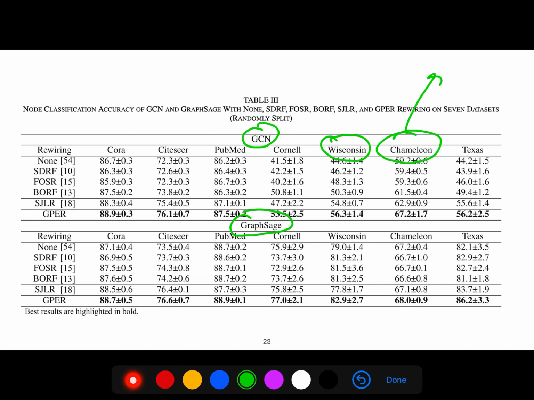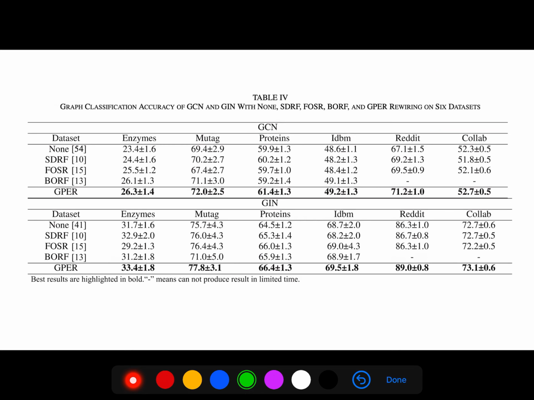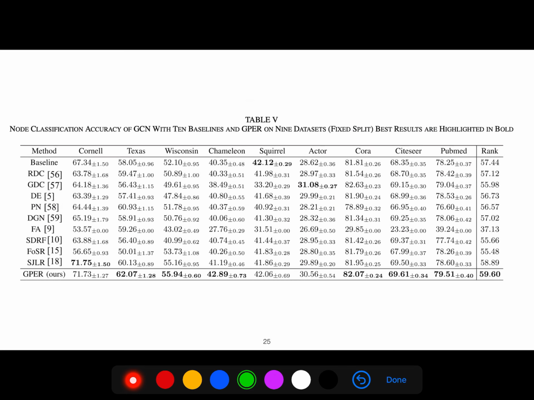Chameleon is a heterophilic graph, not a homophilic graph, so it's very challenging. So Chameleon and Squirrel, these two are heterophilic graphs. It's very challenging. That's why even here we see very low node classification accuracy.